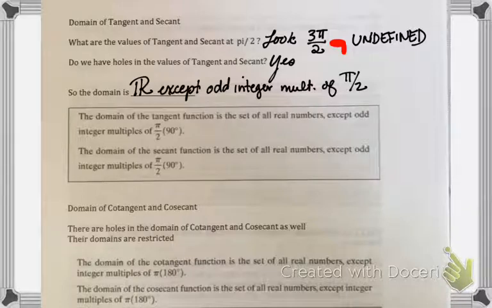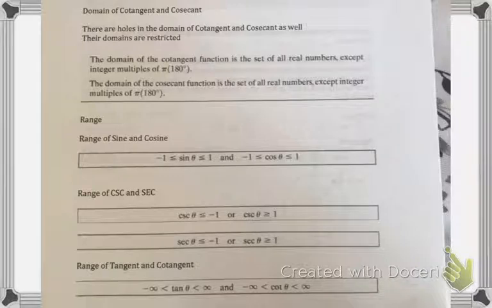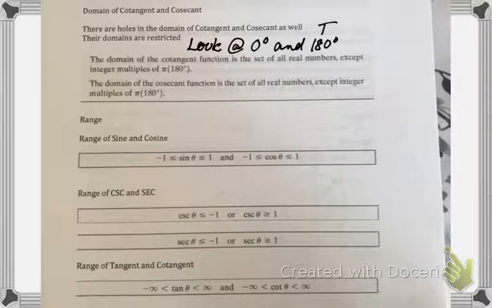So I just wanted you to make sure you understand the notation. All right, let's move on to the domain of cotangent and cosecant. Okay, so once again, please get out your unit circle, look at it, pause it if you have to. But what I want you to do is look at 0, and I want you to look at 180 degrees or pi.